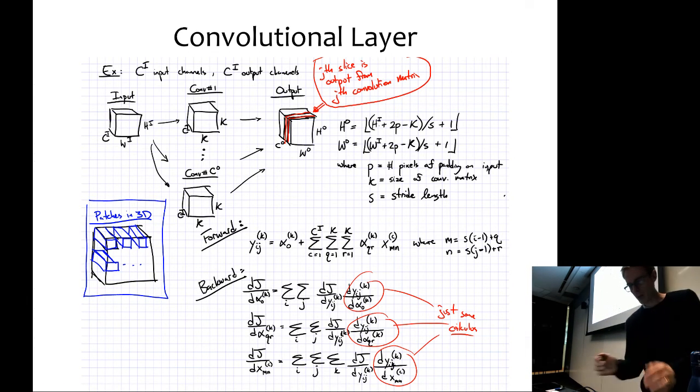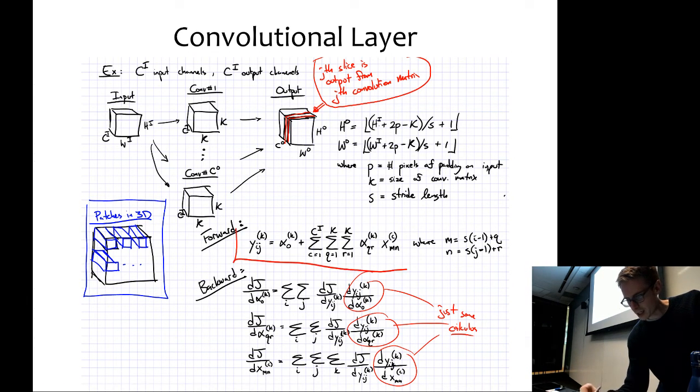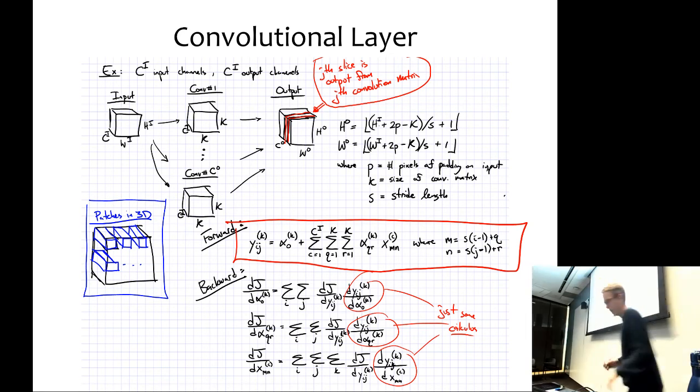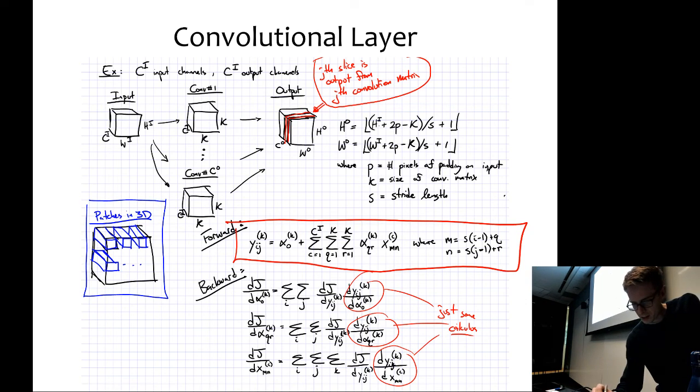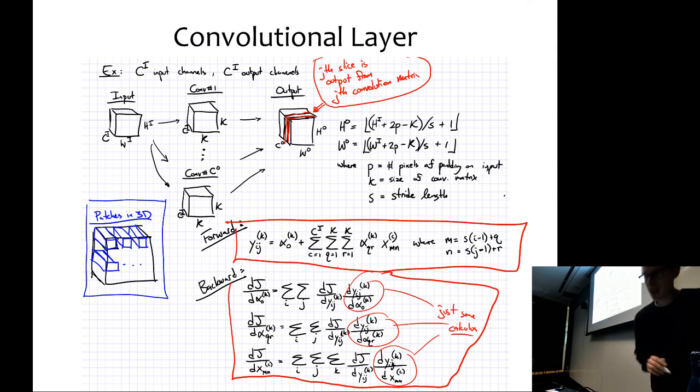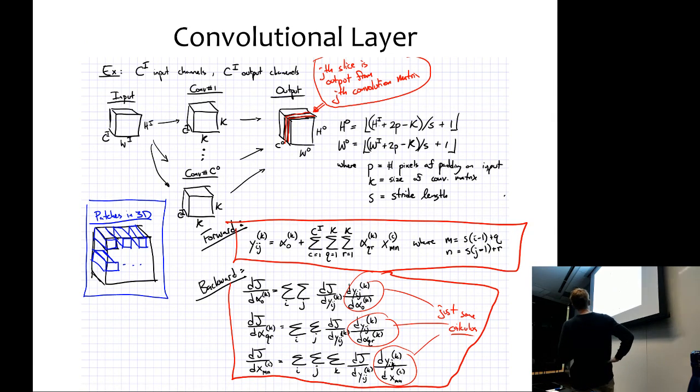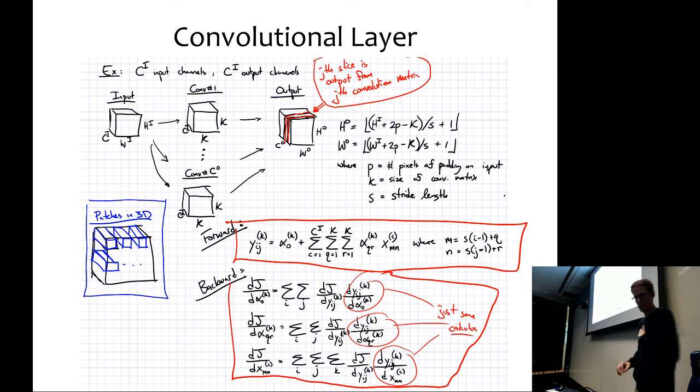Okay? So if we write that out, we get something like these obnoxious looking summations, and then to compute the parameters, we get these obnoxious looking summations for the actual parameters.